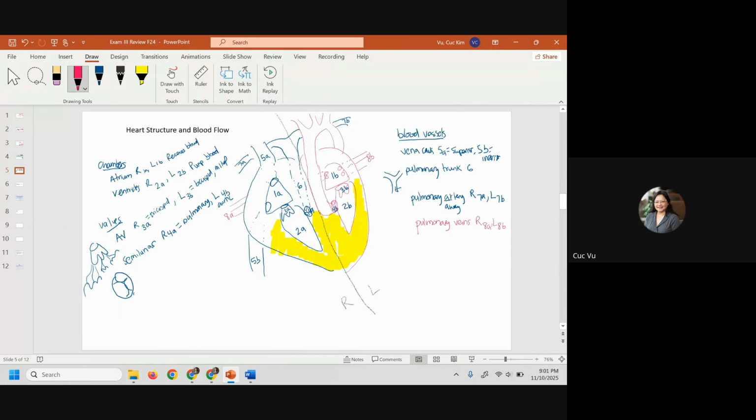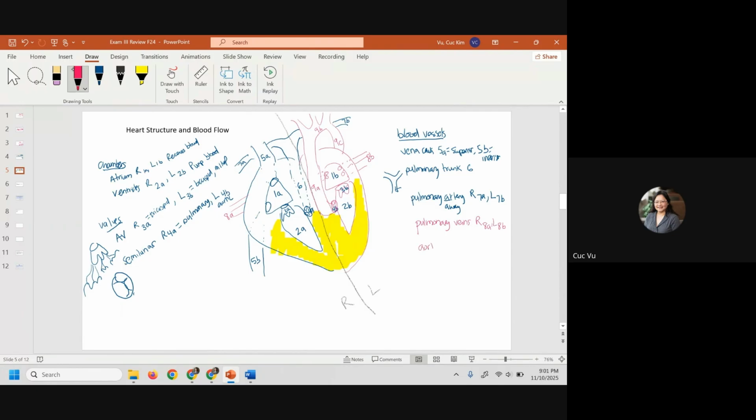So you've got the pulmonary veins, and then we're going to do this one next. This is 9A, 9B, and 9C. What's 9 in general? Aorta.